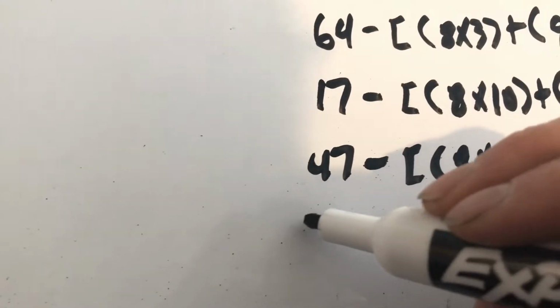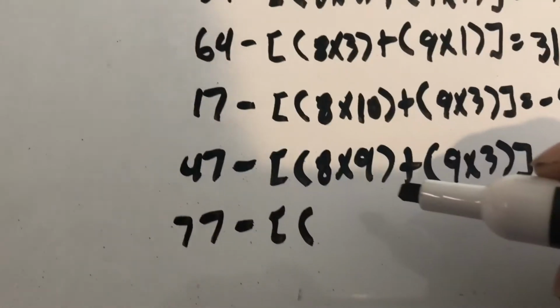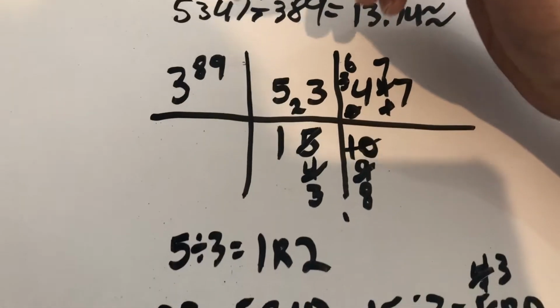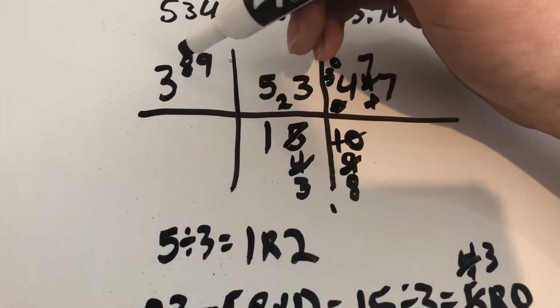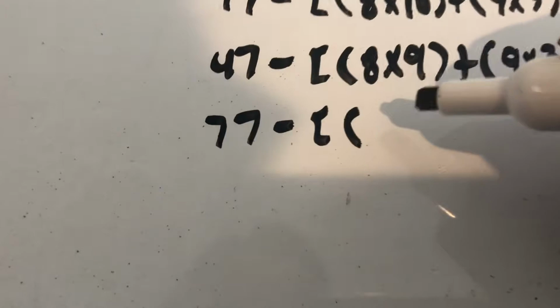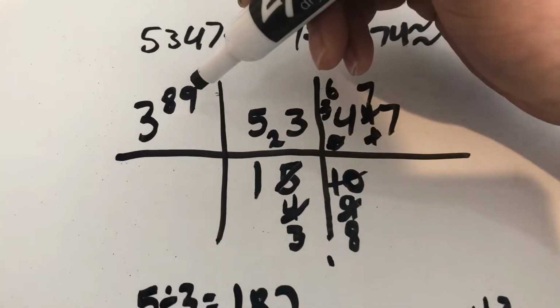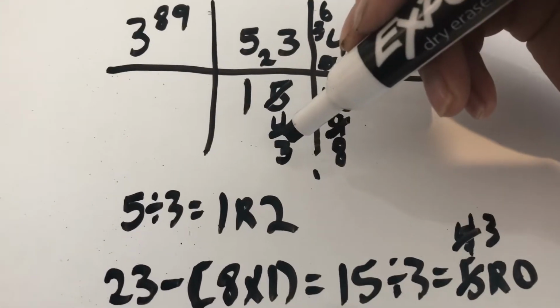So now we write 77 minus, again, the first flag 8 times the third quotient 8. 8 times 8 plus the second flag 9 times the second quotient 3.